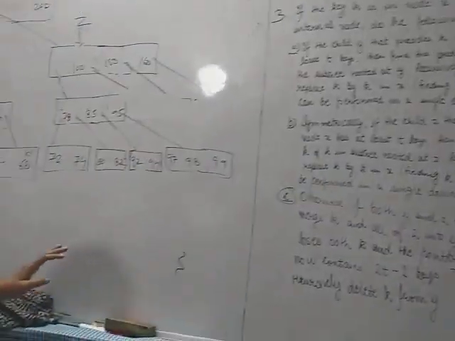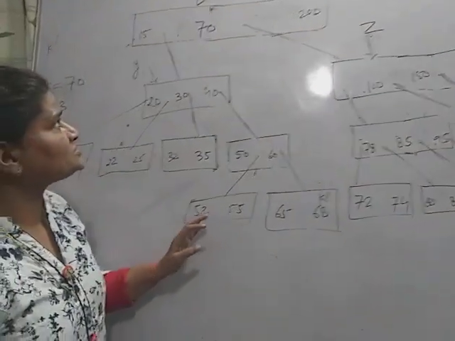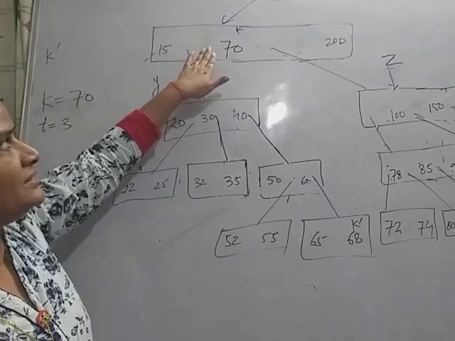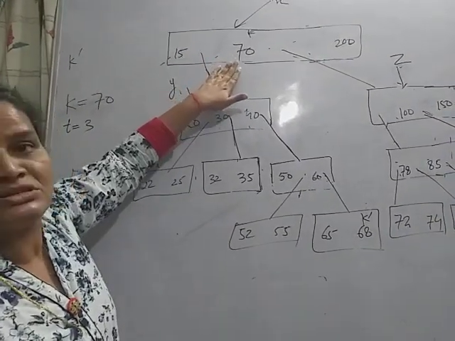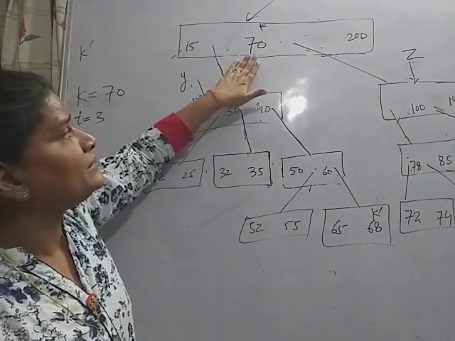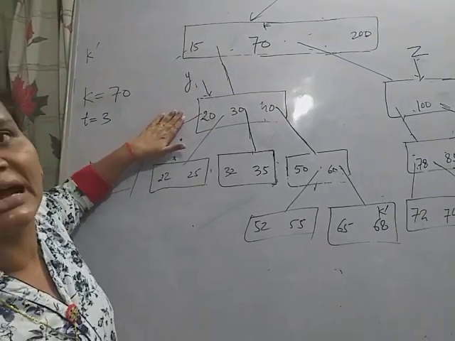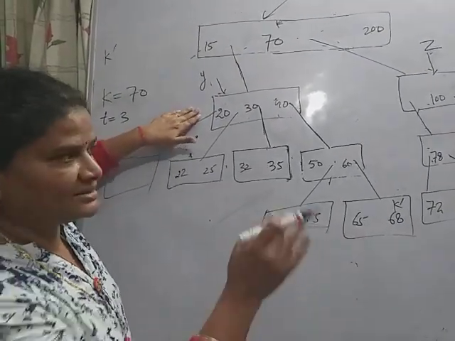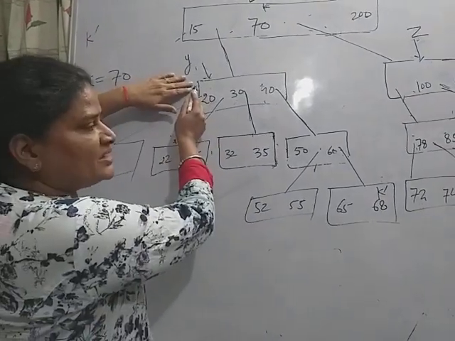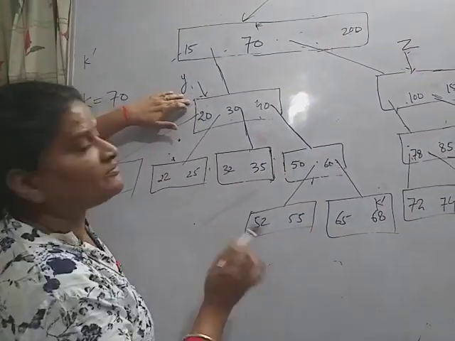Now our objective is to find the immediate predecessor of 70 in the subtree rooted at y, so we have to delete in a single downward pass.